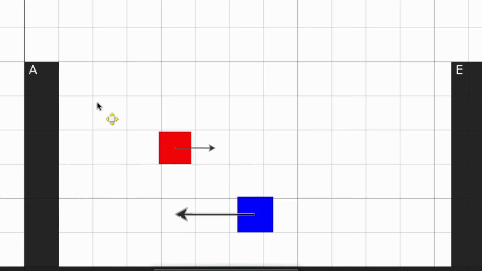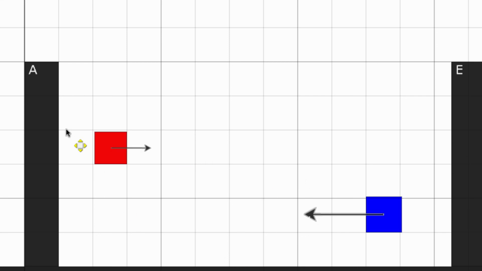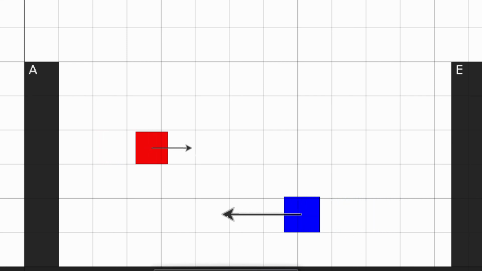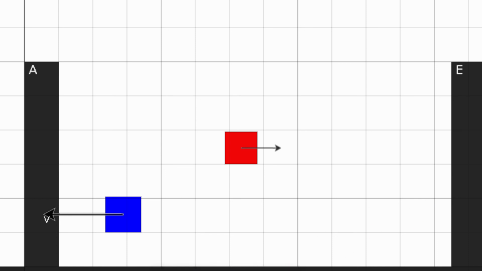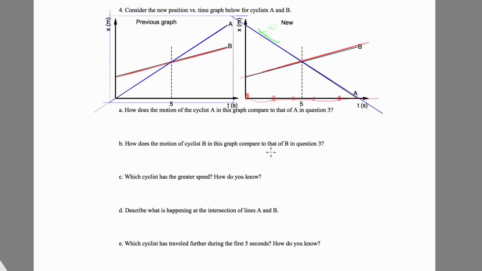And again, we're defining this to the right is always defined as the positive direction. So red starts closer to our definition of the start, or of 0, and is moving in a positive x direction. Blue starts further away from our definition of the start and is moving in the negative direction. Or you can just say, hey, look, the red's moving to the right, the blue is moving to the left. It's the same statement, just different levels of complexity.